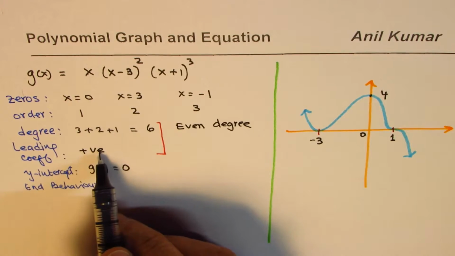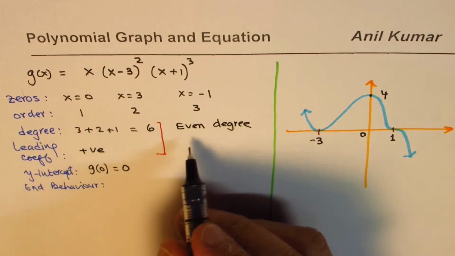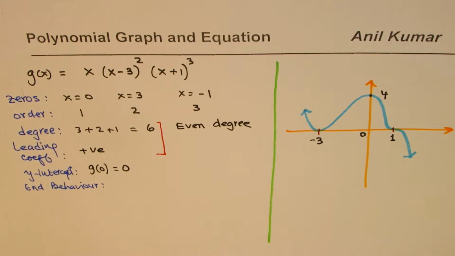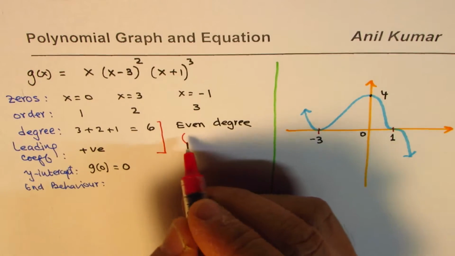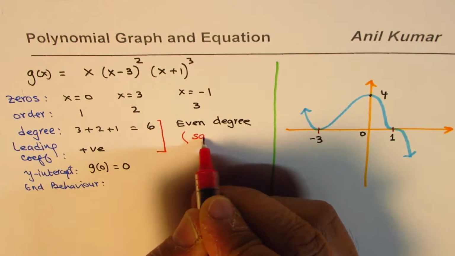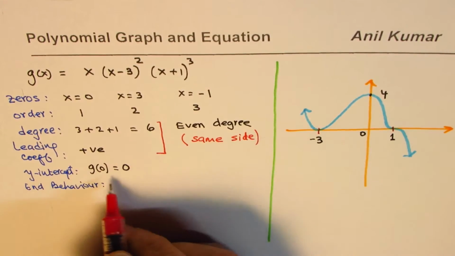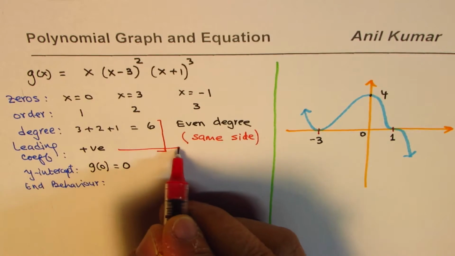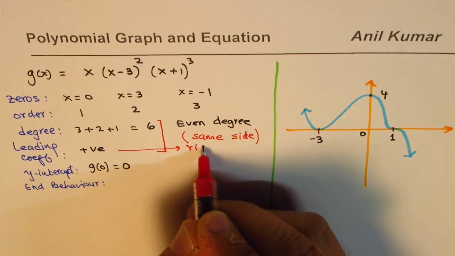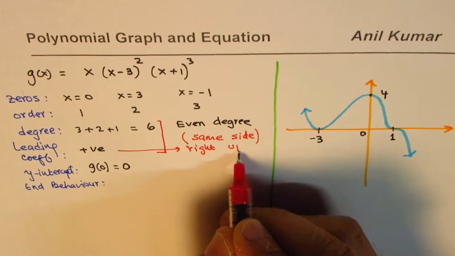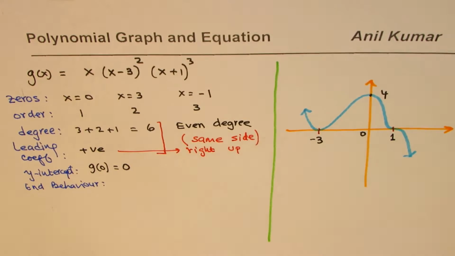A positive leading coefficient means right side up. So even degree means for end behavior, same side, and positive means right up.